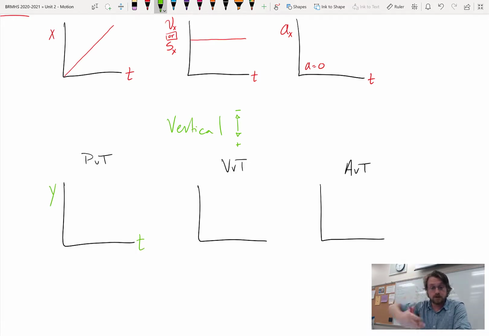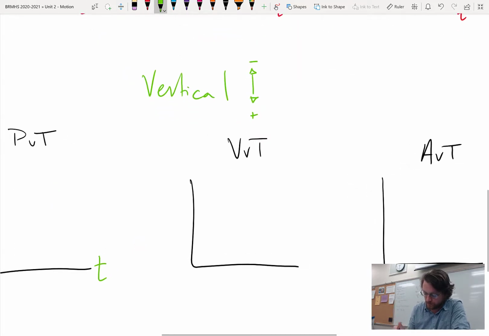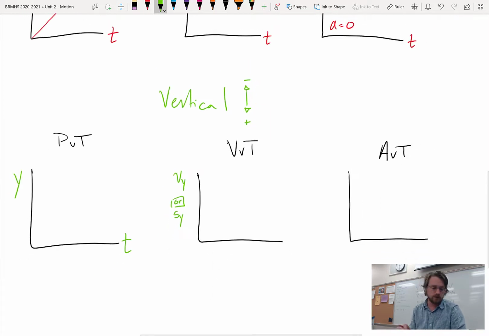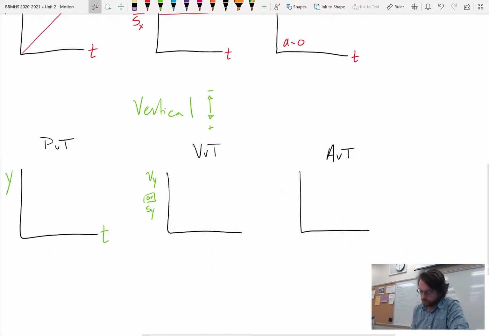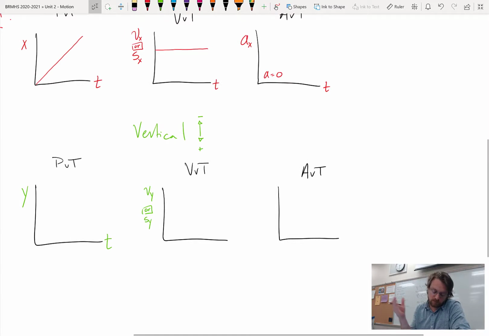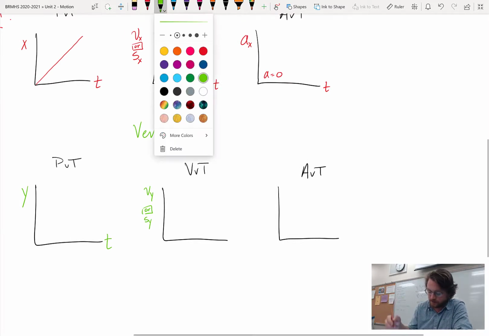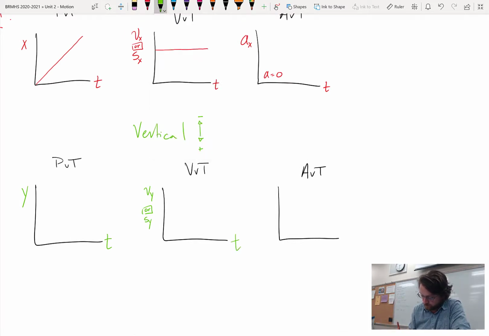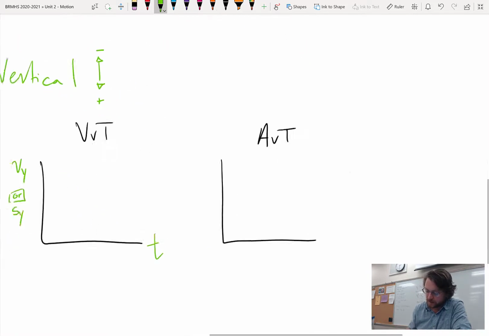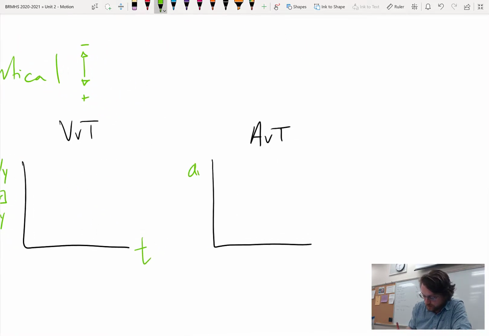The velocity or the speed in the y direction, we could write that as velocity in the y direction. I put vy, or you could write it as speed in the y direction for this one. Either one is acceptable for now. Really, these are velocities, but that's okay. We can call them speeds right now. And acceleration, I have the letter A for acceleration in the y direction, and time t.